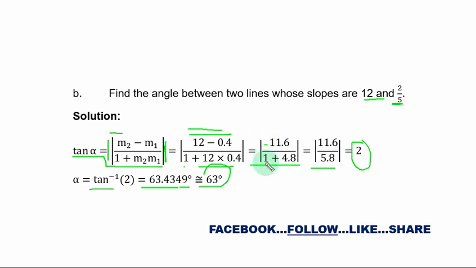After you simplify the denominator, you are going to have 5.8. So the absolute value symbol will change that minus 11.6 to plus 11.6 before you divide by 5.8. So at the end, you will have the same result.